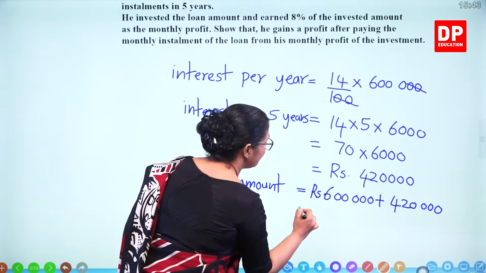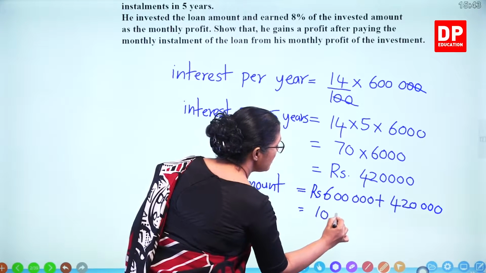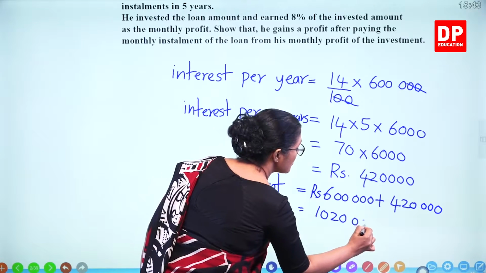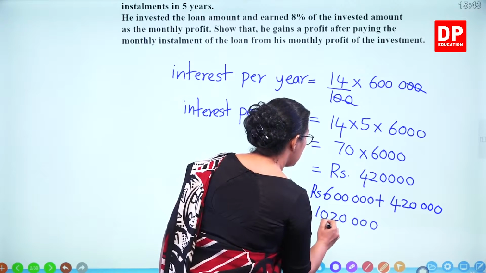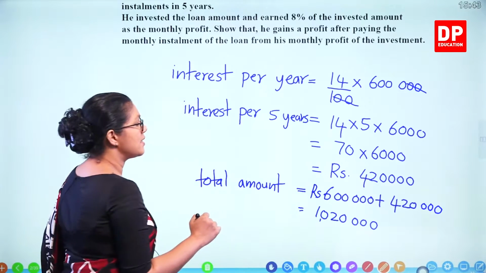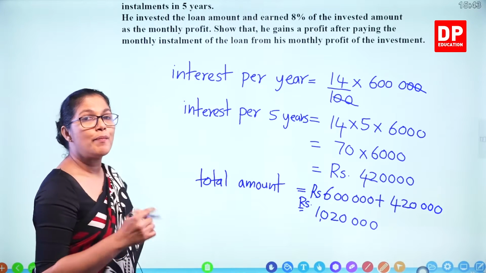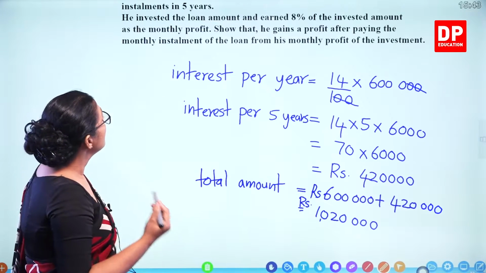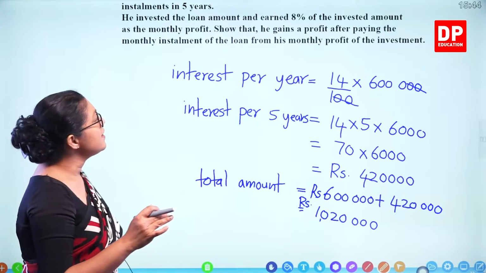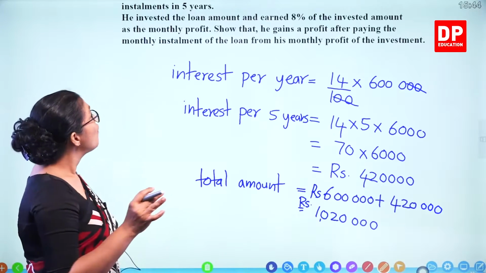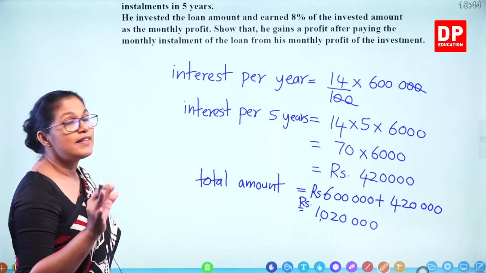So what's the value? 1,020,000 rupees. That's the total amount payable. Then you have to divide this into 5 years of monthly installments.